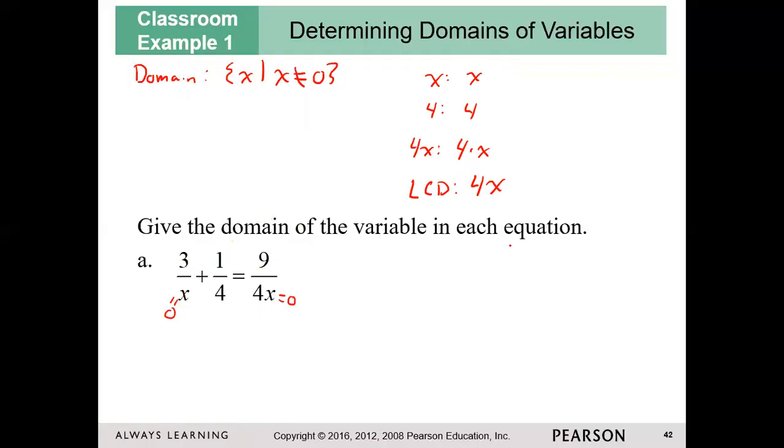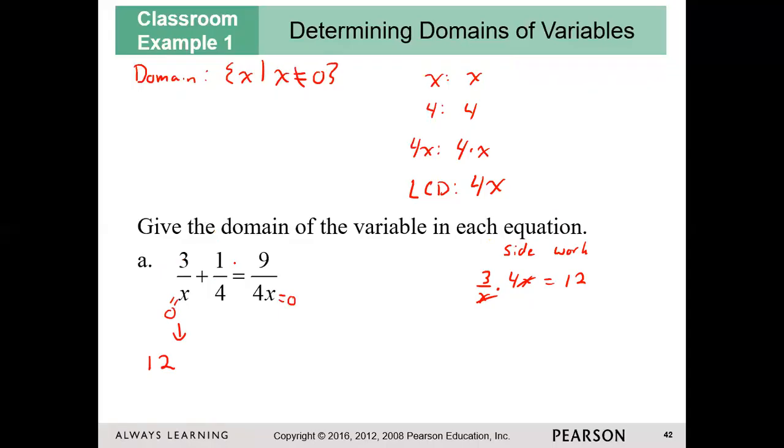So I'm going to go off to the side and do my side work. I'm going to take this 3 over x and multiply it by 4x. You can see immediately that the x's are going to cancel out and you're left with 12. So this first fraction turns into just 12.